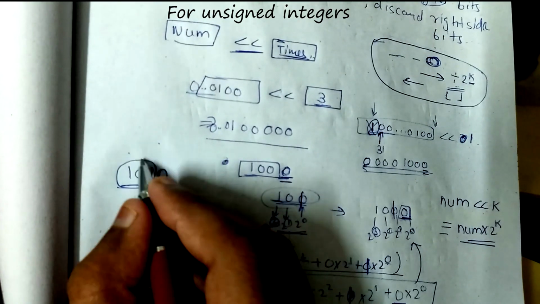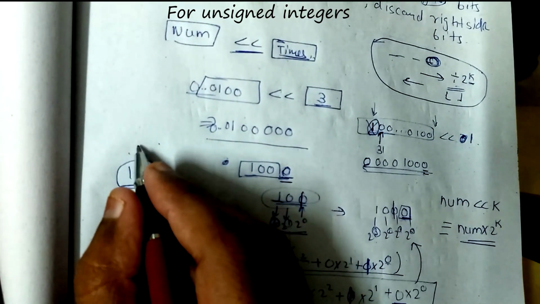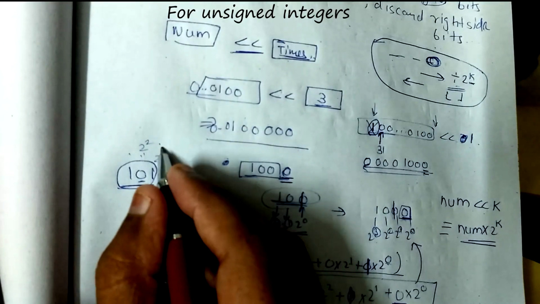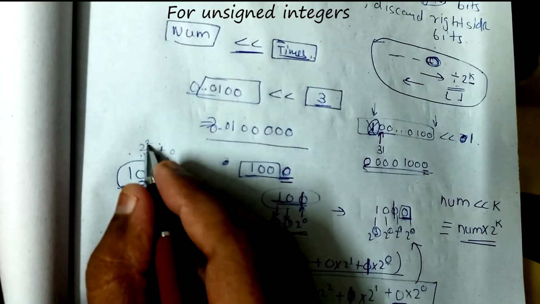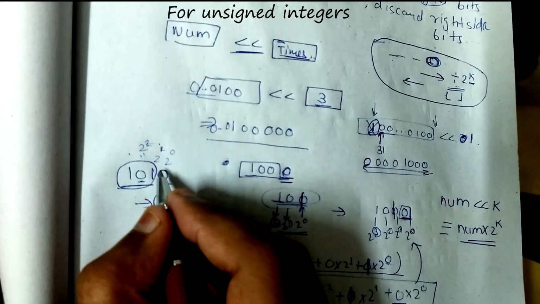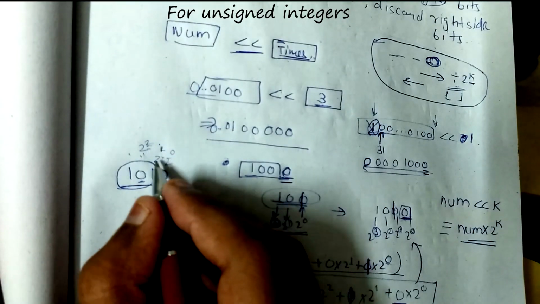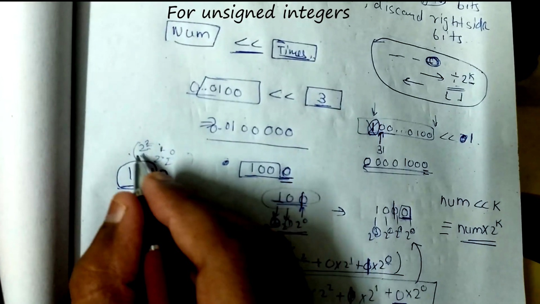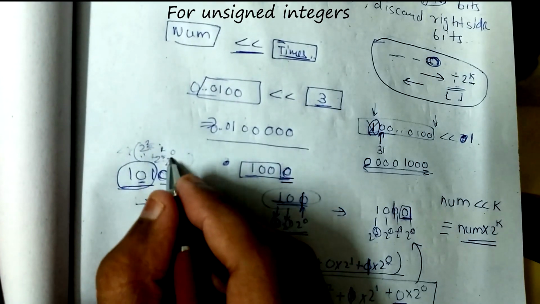Why? Because earlier this one was here representing to the power 2, this was to the power 1, this was to the power 0. Now by adding a 0, each power got increased by 1, which is the same as multiplying this sum by 2.